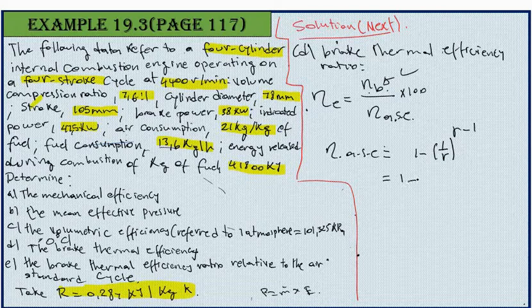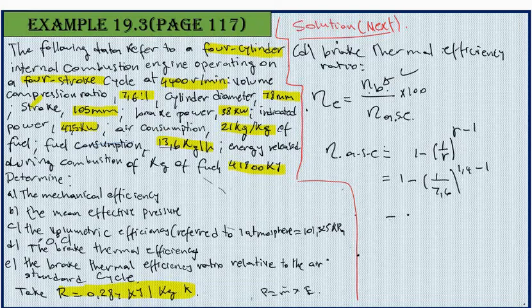So I have 1 minus, and I have the value of R. Let R represent the volumetric ratio, which is 7.6. So I need to use 7.6 there, and gamma, which is 1.4, minus 1.